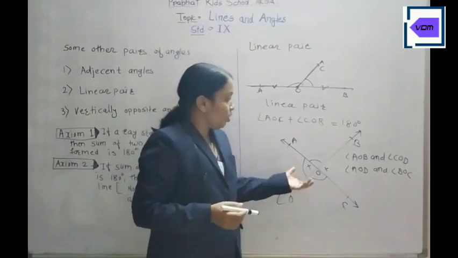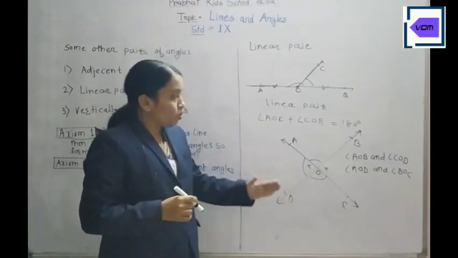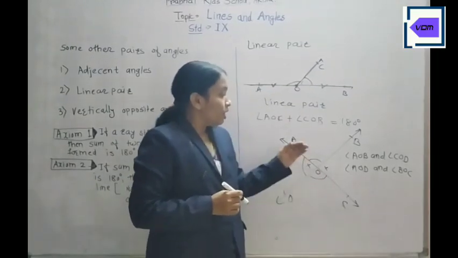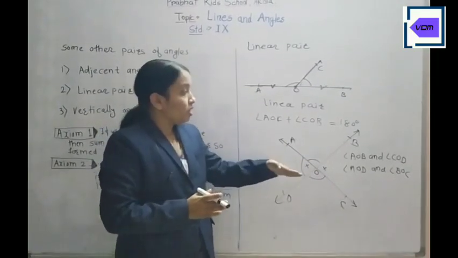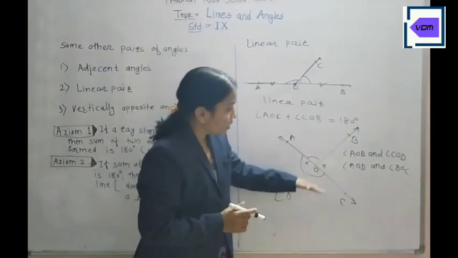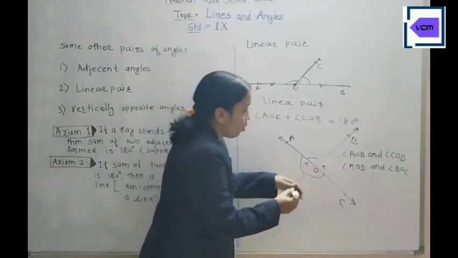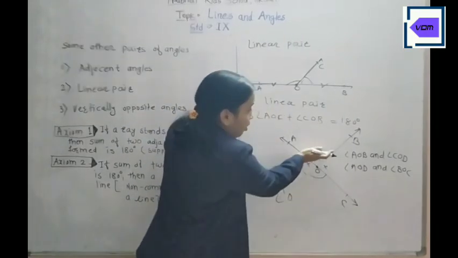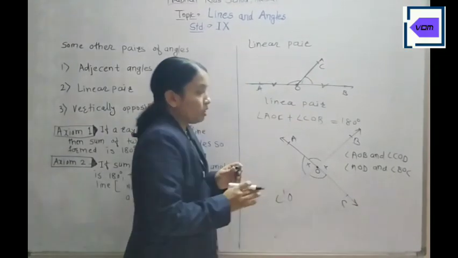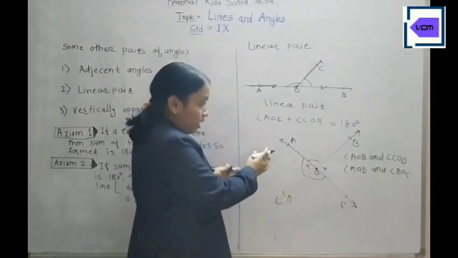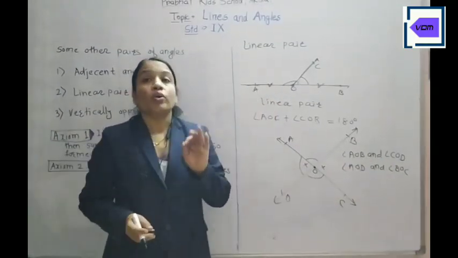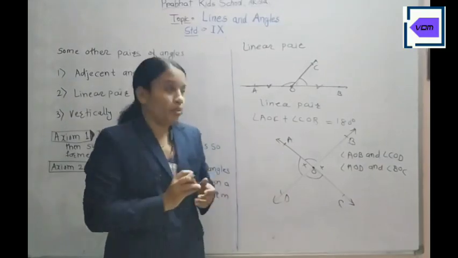Now what is the definition of vertically opposite angles? When two lines intersect each other at a common point, the angles formed in the opposite direction of the vertex. O is the vertex, and angle AOB is on the upper side and COD on the lower side, AOD on the left-hand side and BOC on the right-hand side, and they don't have any common arm.